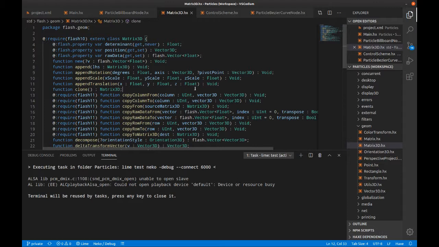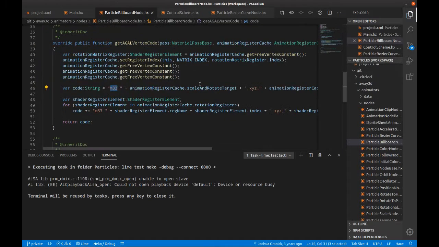It's pretty clever math-wise, and really important for 3D rendering, which is why they have a matrix function. So I think M33 stands for matrix 3 by 3.